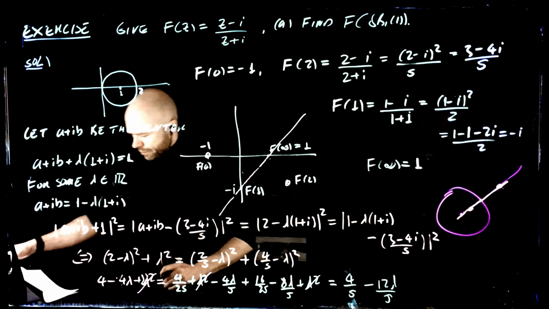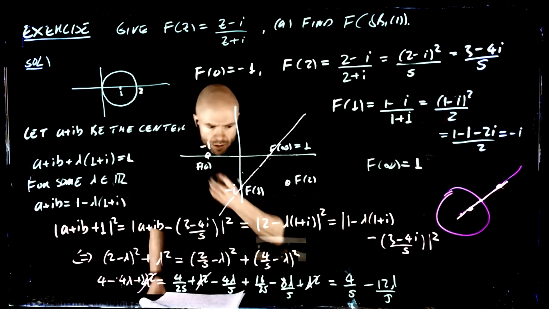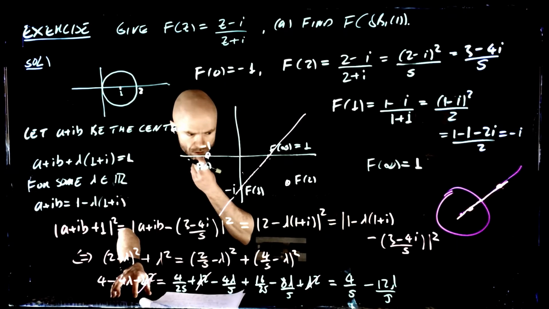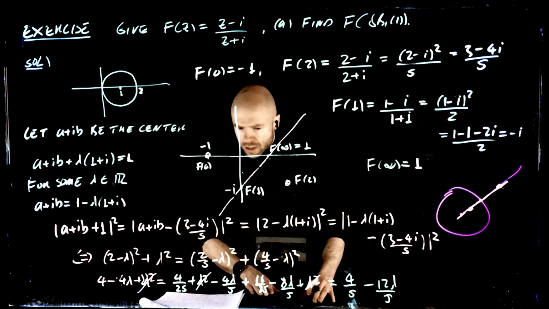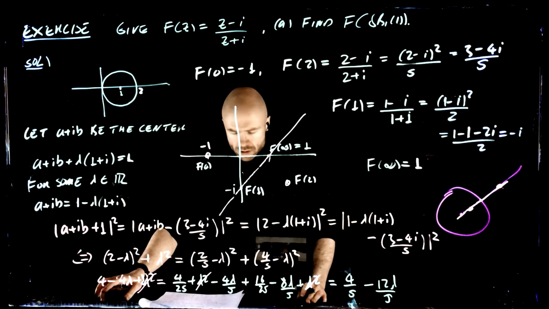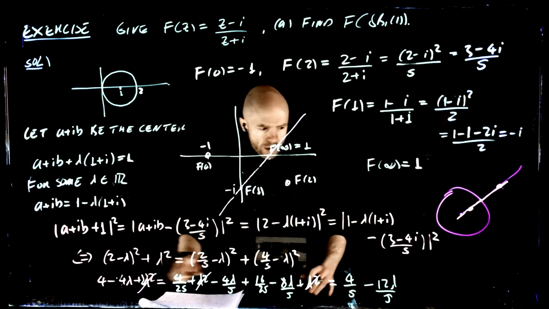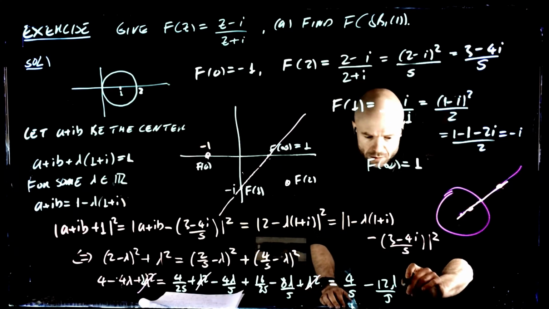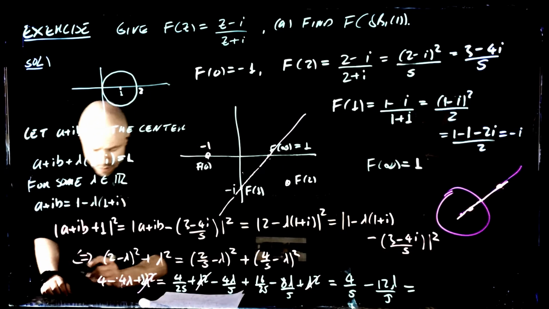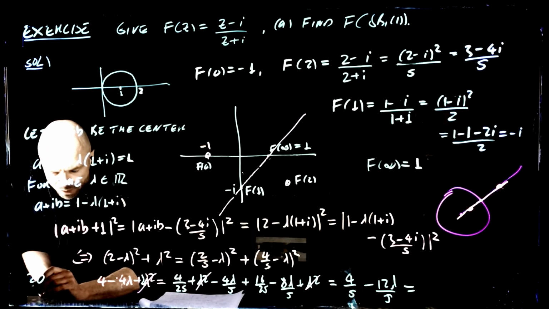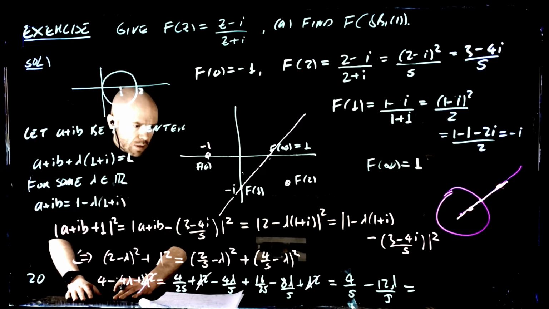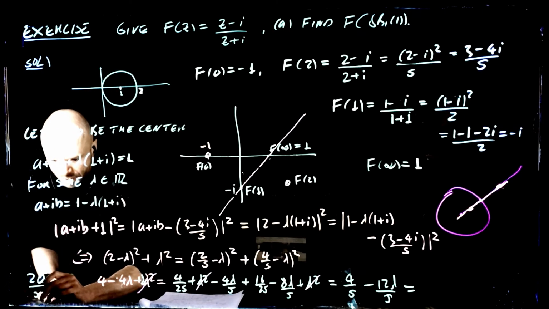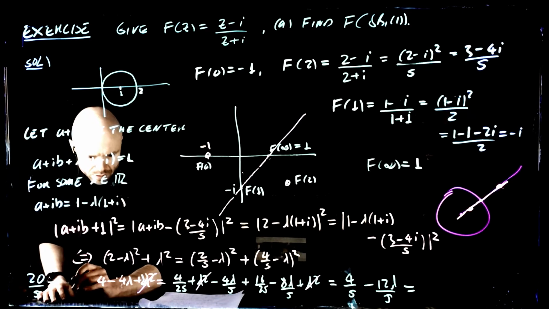And what we have from this side, we have this thing. So let's write this as 20 over 5. So let's put this thing over here. Is this correct? Yes. 20 over 5 minus 4 lambda.